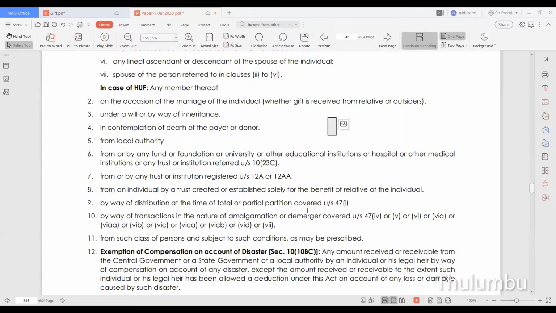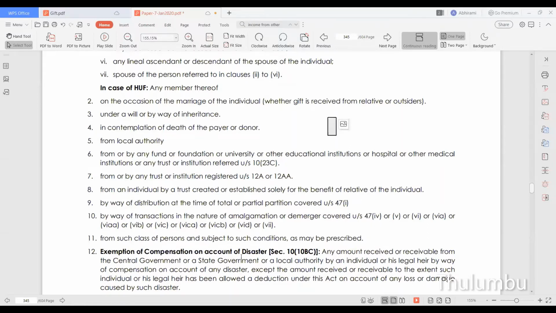So if suppose வீடு partition like HUF partition ஆகுது அந்த மாதிரி கேசஸ்ல in those cases it is not to be taxed as gift. By way of transaction of amalgamation or demerger, and any other cases prescribed by the government.